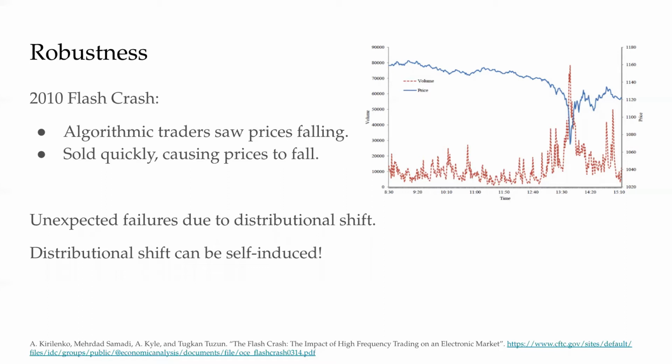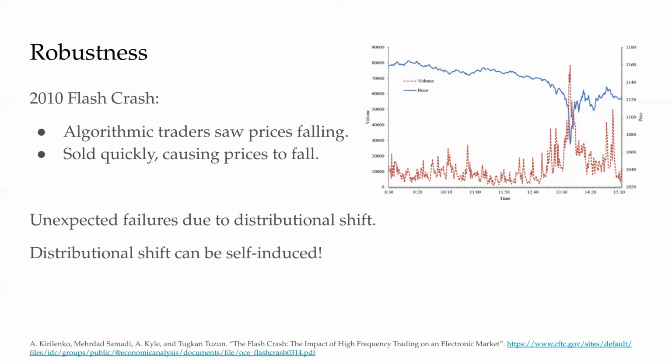Some algorithmic traders saw prices falling, and then they sold their stocks, which caused the prices to fall farther, which made them want to sell their stocks more, which made the prices fall further, which made them want to sell more. And this was a whole thing in which trillions of dollars of market value was wiped out in a matter of minutes. As you can see, the volume of trades rapidly increases, the price rapidly decreases, and this is all driven by algorithmic traders. Humans had no input in this decision.